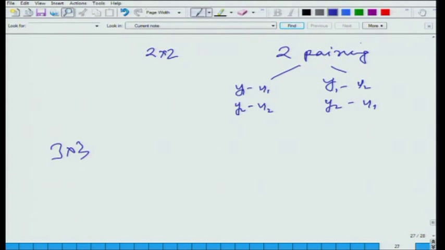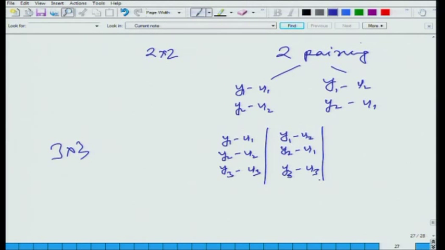I think 6 pairings. Let us see. Y1 U1, Y2 U2, Y3 U3, that is one. The next one, I can flip the first two, so I will have Y1 U2, Y2 U1, and then I keep the other one fixed, Y3 U3.